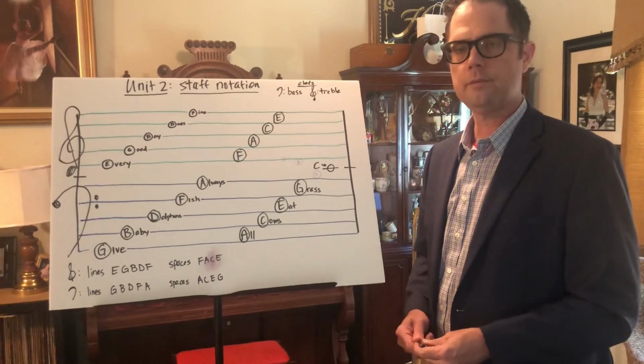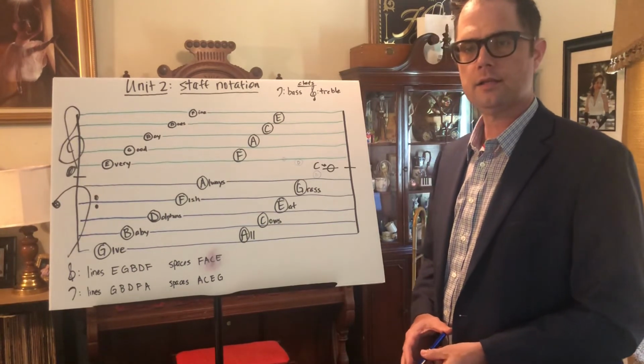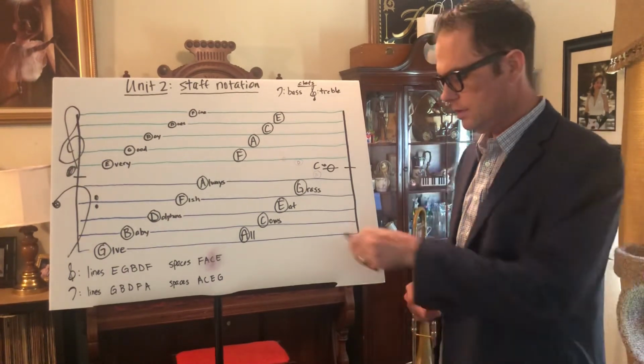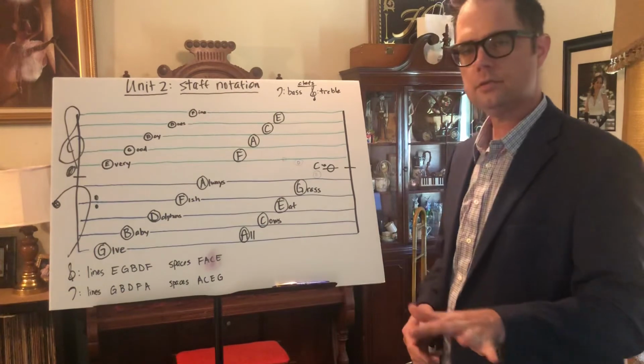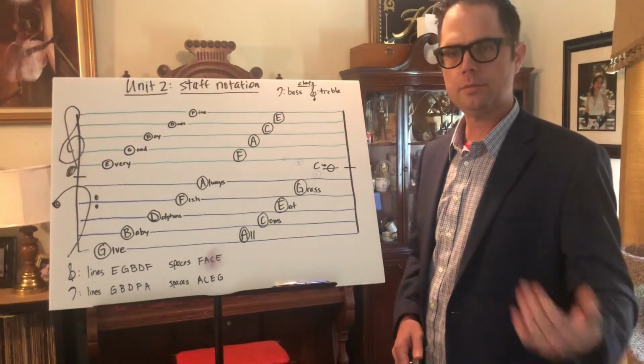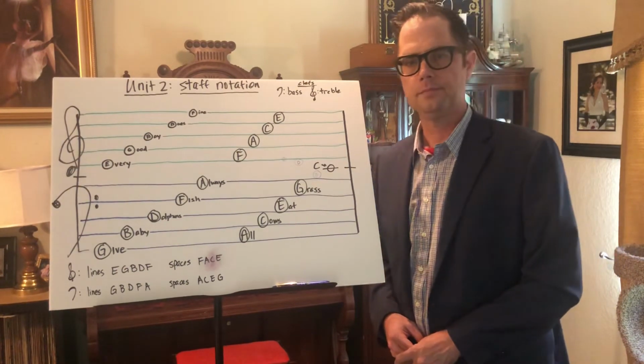You can feel free to email me. I'll explain it in the written word if I can. But just remember, there are only seven letters, A, B, C, D, E, F, G, and then they just repeat and repeat. So that's our musical alphabet.